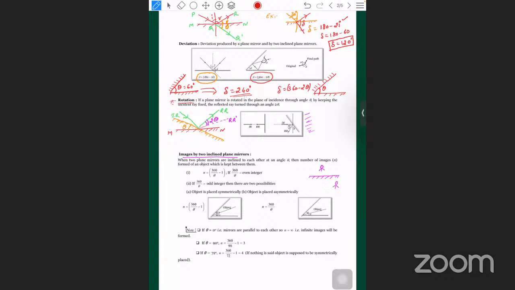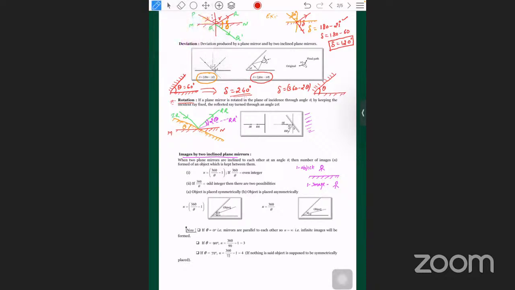One object, how many images? One image. If a single plane mirror is there, there will be one object and one image.